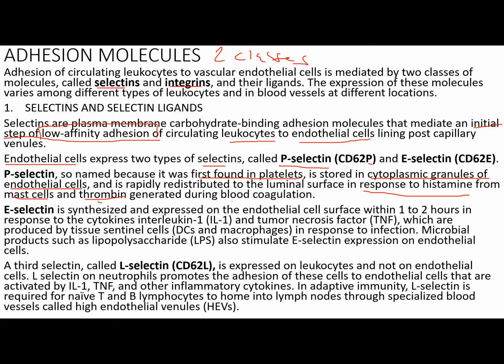Well, the second type of selectin, class, is E-selectin. This is synthesized and expressed on the endothelial surface within 1 to 2 hours in response to the cytokines interleukin-1 and tumor necrosis factor, which are produced by tissue sentinel cells, the dendritic cells and macrophages. So the difference, class, is that P-selectin would only come out in response to histamine and thrombin, while E-selectin would come out in response to interleukin-1 and tumor necrosis factor produced by dendritic cells and macrophages.